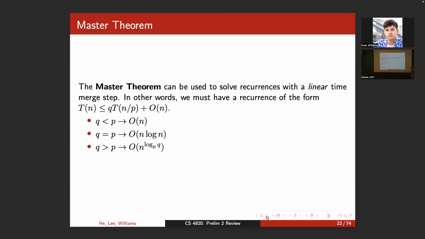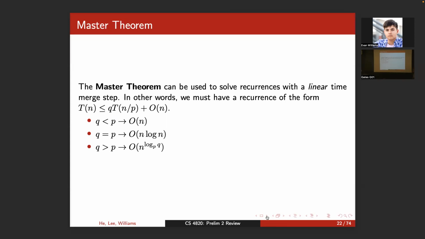But if there's a linear time merge step, so if this part is O of n, then you can use this. If Q is less than P, it's going to be O of n runtime. If Q is equal to P, it's going to be O of n log n, and if Q is greater than P, it's going to be O of n to the log base P of Q. Yeah, that's going to be your runtimes.